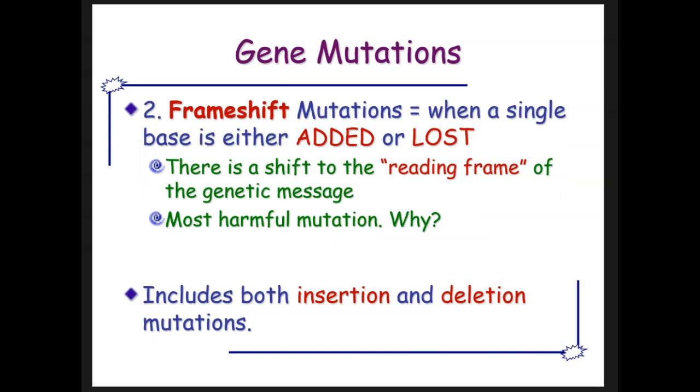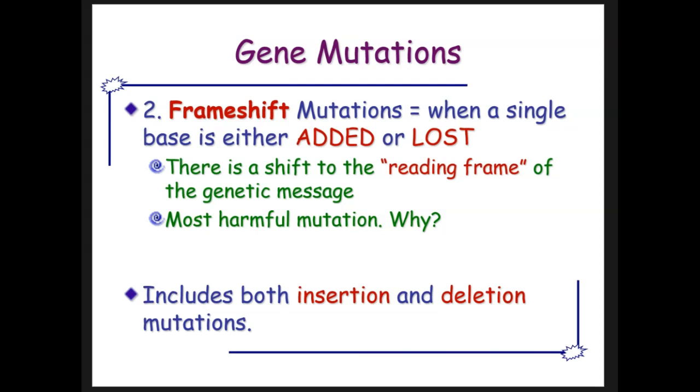Frame shift, our second small-scale mutation, is when a single base is either added, meaning inserted, or lost, meaning deleted. There's a shift to the reading frame of the genetic message. So frame shift mutations, which are insertions and deletions in genes, have similar effects.